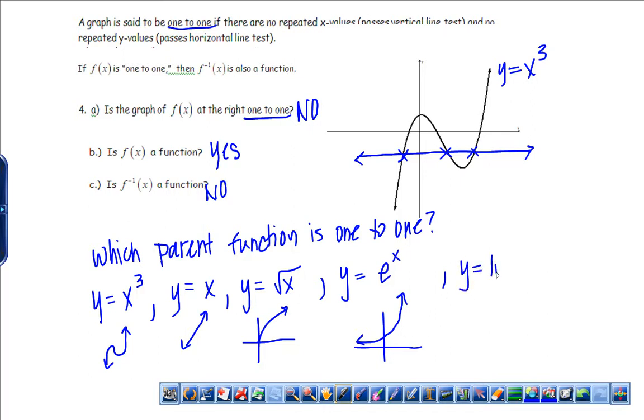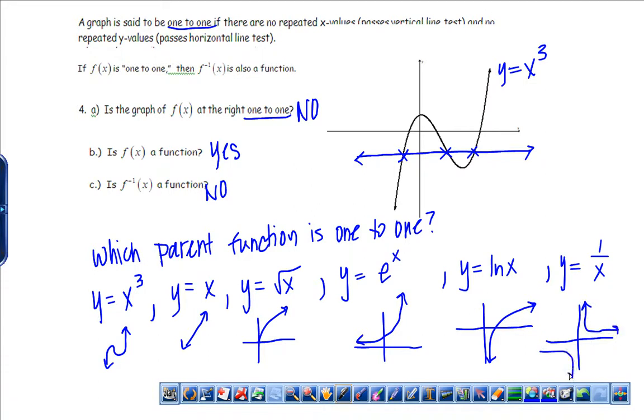That would be natural log or log, as some of you remember. And it looks like this. And then there's one more, and it's the funny graph that everybody thinks is strange looking, and it's rational. Rational graphs look like this. They go in the first quadrant, and then they go in the fourth quadrant. And those are 1 to 1 graphs.